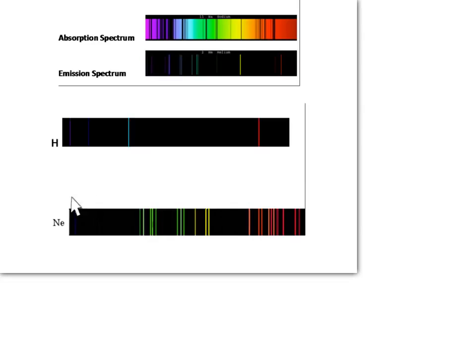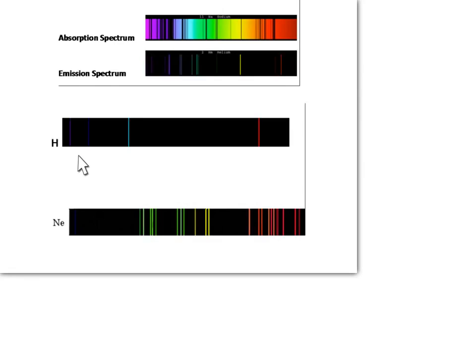If you look at something like neon, when I come back on Monday, I will show you neon. Look at that. It has so many other colors. Why do you think that is? That's because neon has 10 electrons versus hydrogen only has 1.